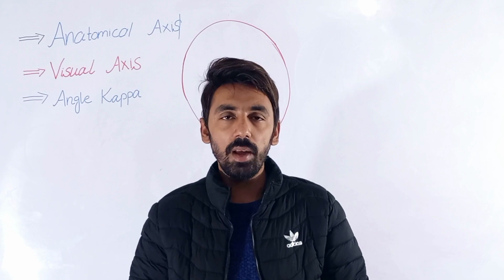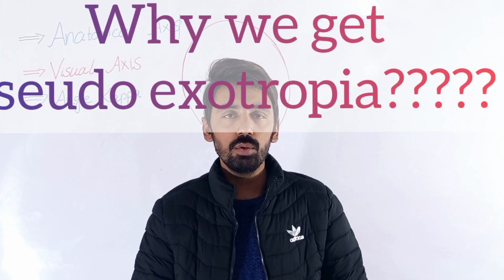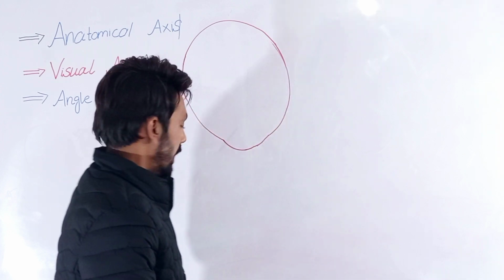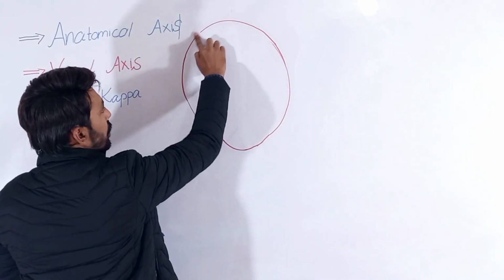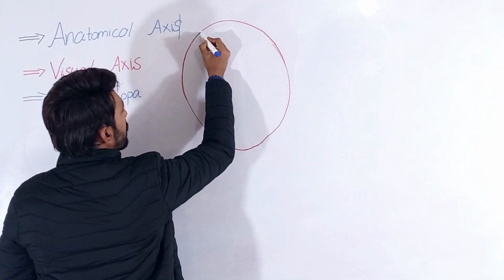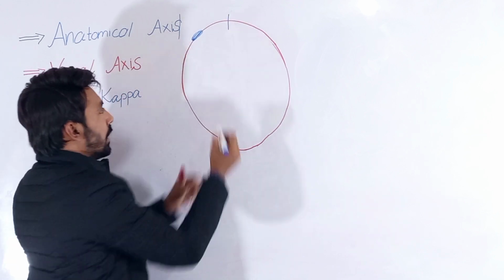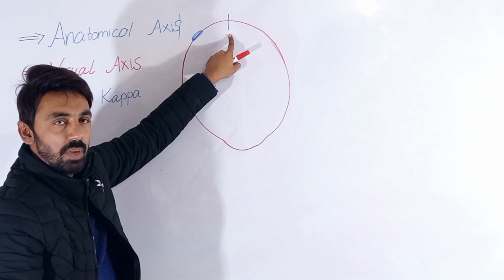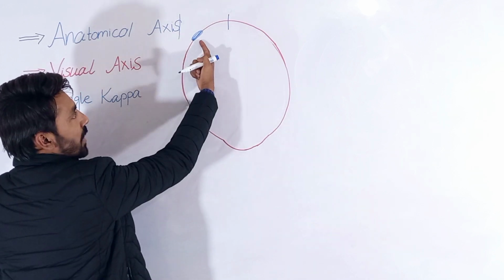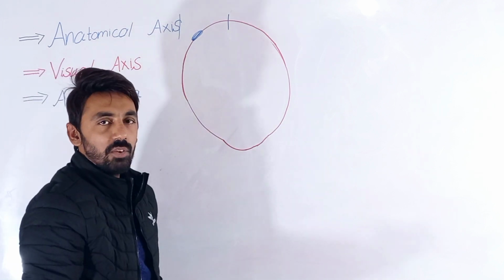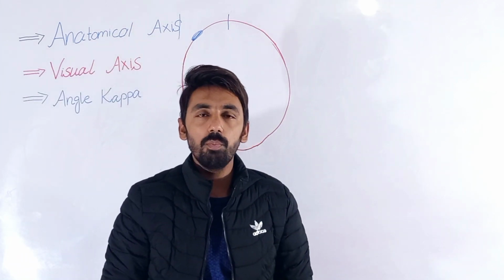Now we will prove why we get exophoria or exotropia when we have a larger angle kappa. As you know about the location of the fovea centralis, if this is the posterior pole of the eyeball as we have discussed, the fovea centralis is slightly temporal to the posterior pole, and the fovea centralis is the most sensitive part of the retina.